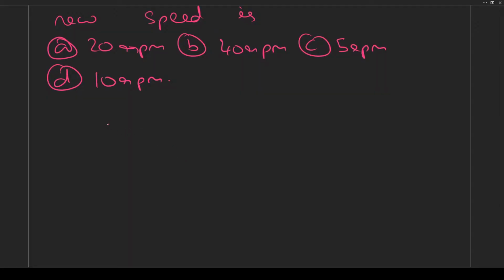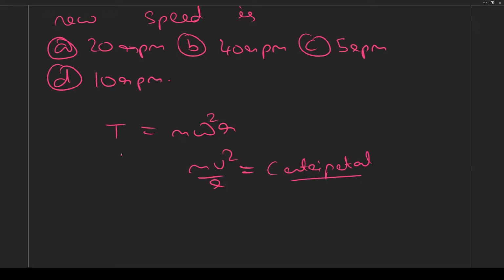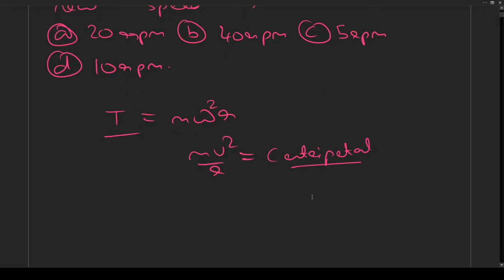Now tension equals m omega square r, which is basically the centripetal force, because we know mv square by r is the centripetal force, and in this case the centripetal force is tension.